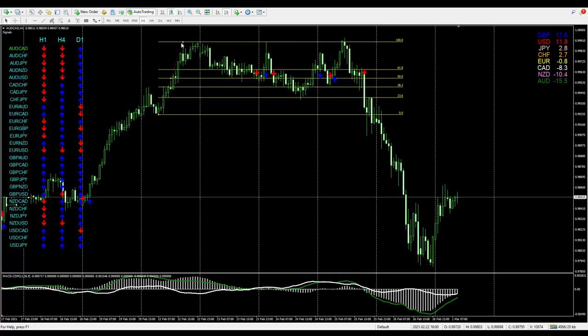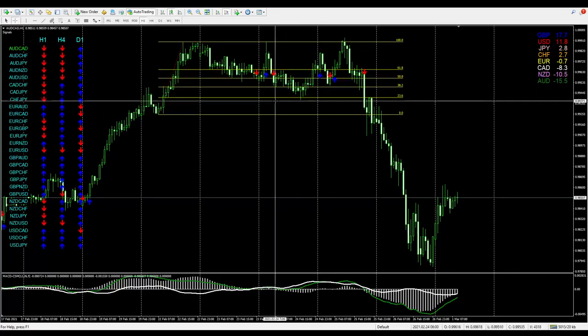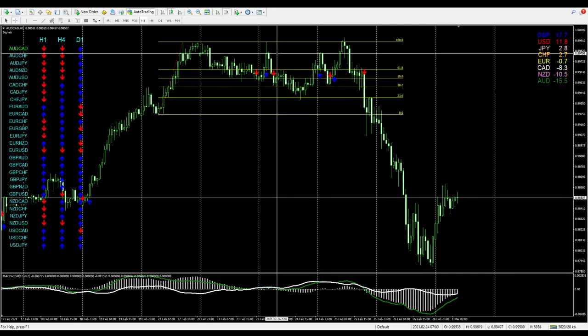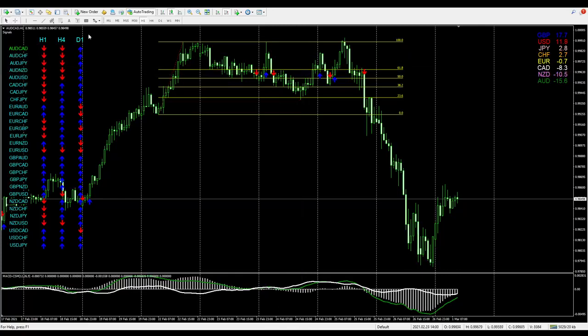So as usual, our TP would be the highest, the 100 Fibonacci. And as we can see, the closing candle for AUD CAD is above 61.8. That's why, as usual, we would be plotting our buy limit at 50 Fibonacci, which is around here.